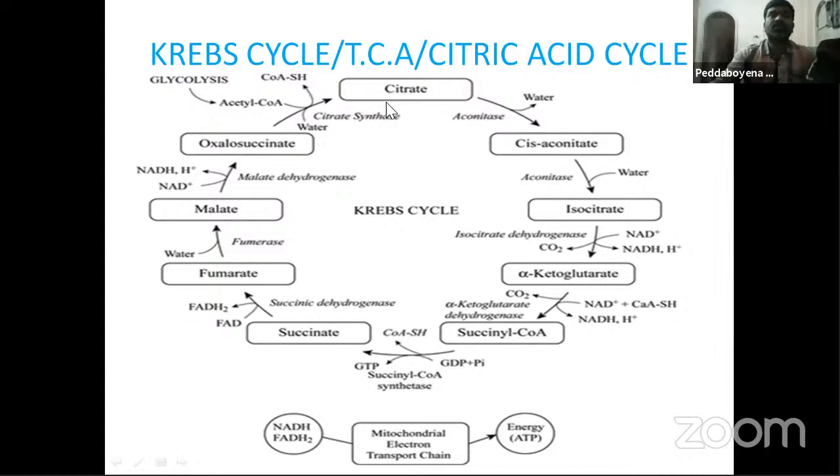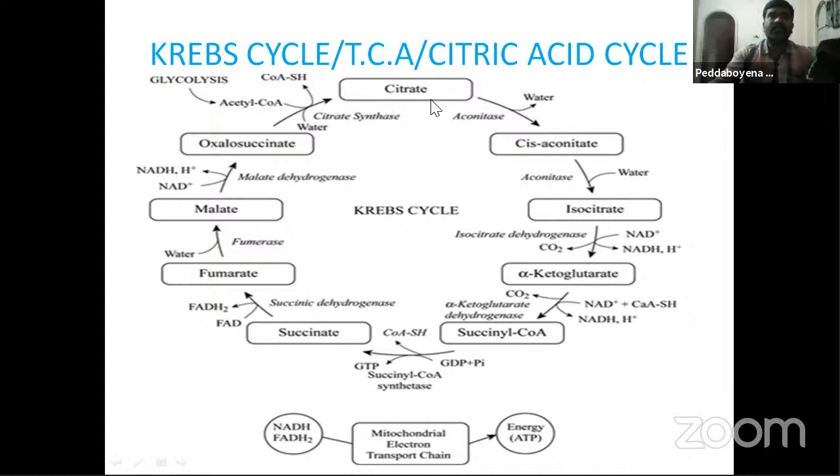Total how many carbons are there? Six carbons. So with these six carbons, citrate is formed. That's why the first stable compound formed is citric acid, citrate, and that's why this cycle is called the citric acid cycle. This process is called condensation.